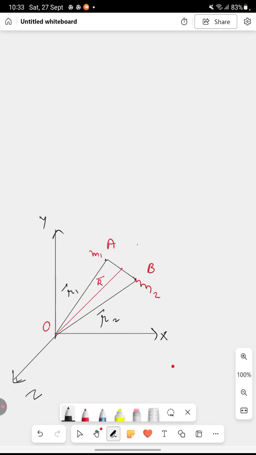Now we will move ahead towards the center of mass. Let's consider mass m1 is moving with velocity v1, that is equal to dr1 upon dt, and mass m2 is moving with velocity v2, that is equal to dr2 upon dt.